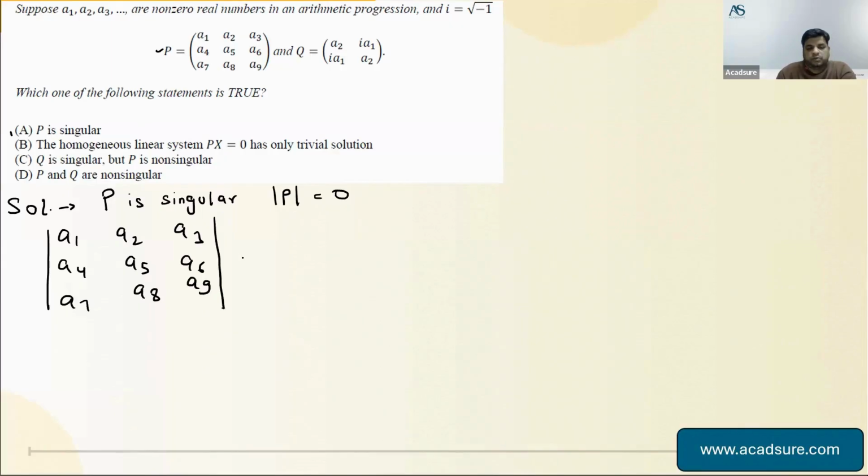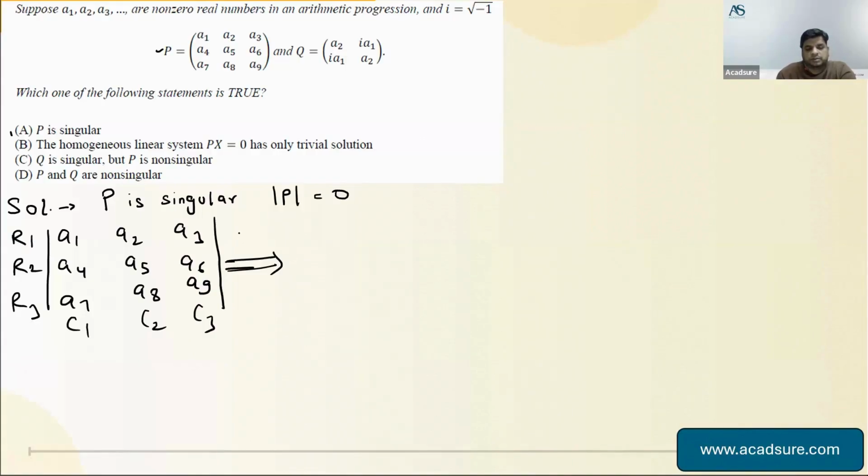And we can do one operation here. These are the first column, second column, third column, and first row, second row, and third row in the determinant.